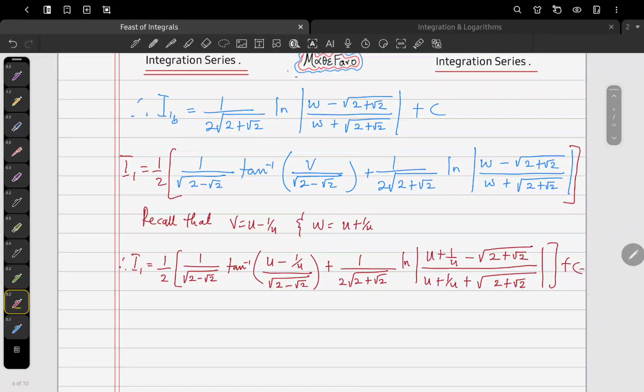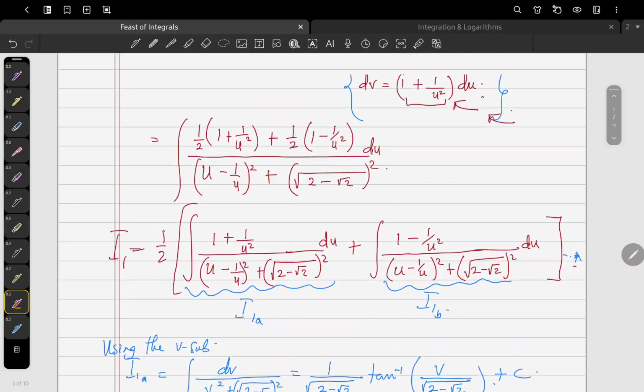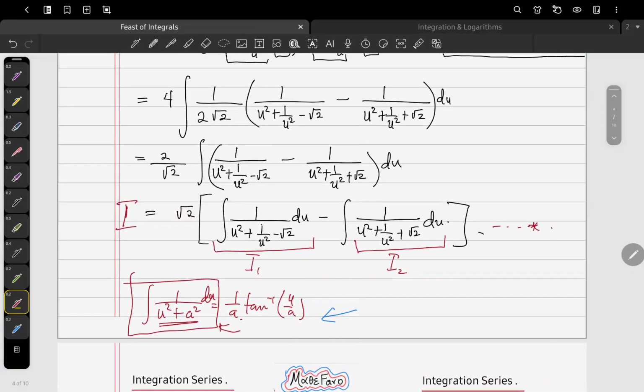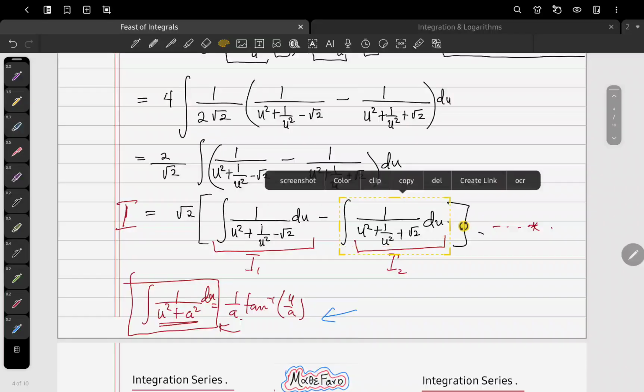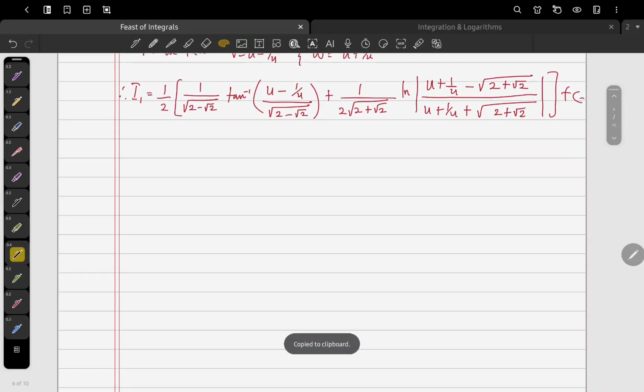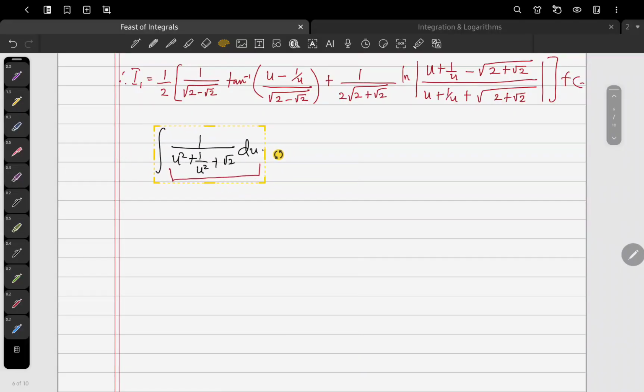Then I'm going to do a similar thing for I2. So I2, I want to consider I2 now. Again, we regurgitate the same ideas that we did the last time.